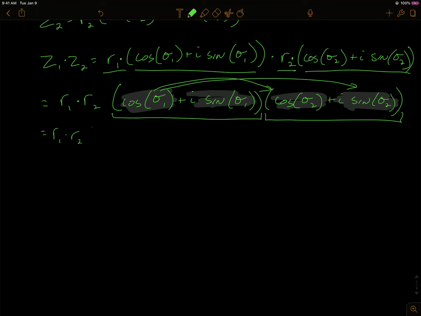So we got r1 times r2 times cosine of theta sub 1 times cosine of theta sub 2 plus i times cosine of theta sub 1 times sine of theta sub 2. Should be putting these in parentheses.